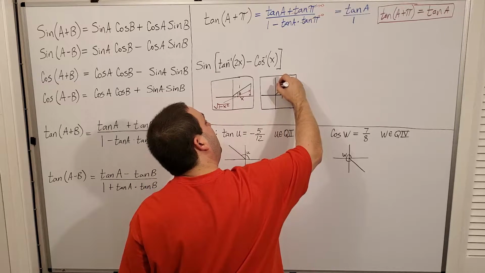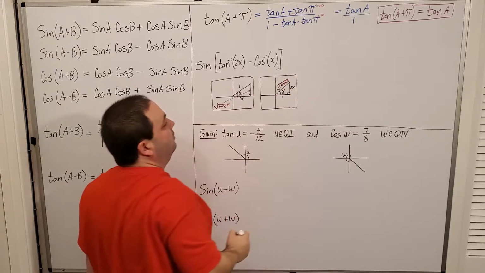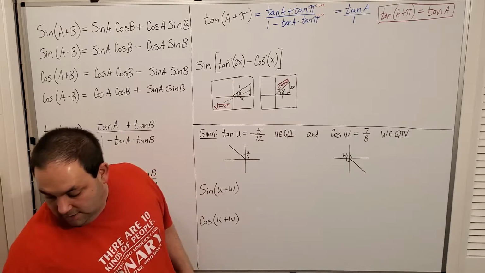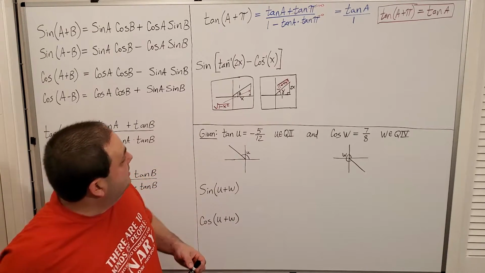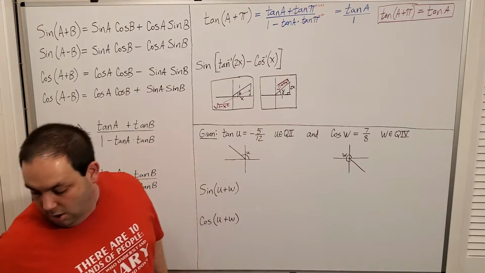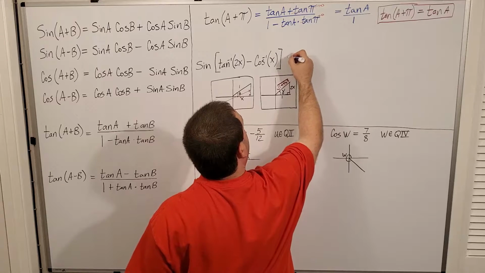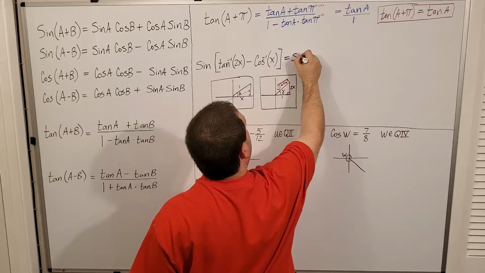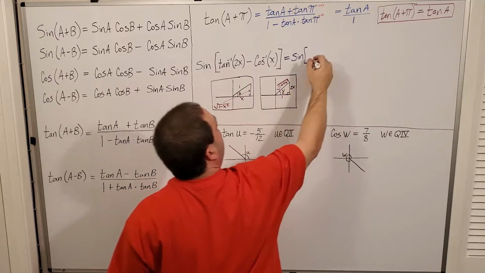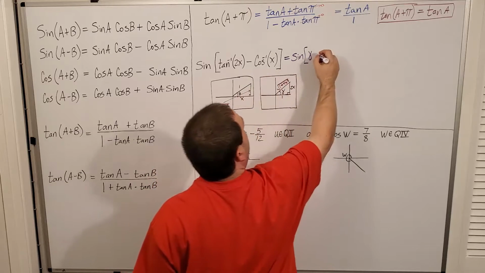And that's going to give me my hypotenuse here. 1 plus 4x squared would be my hypotenuse. Okay? But regardless, what's happened is, since I want to do this, it has become the sine of gamma, which is this angle, minus theta.